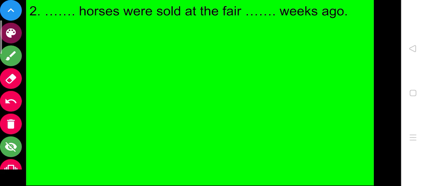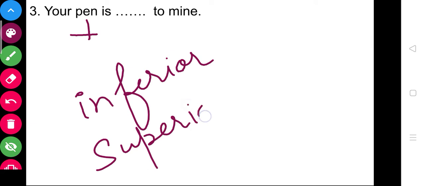So the second question is clear to you now. Let's move on to the third one: your pen is dash to mine. Whenever we talk about an article, we talk about the quality of the thing. Here we are talking about a pen, so its quality can be inferior or superior. Here the word is ending with or, that is why we are using to.